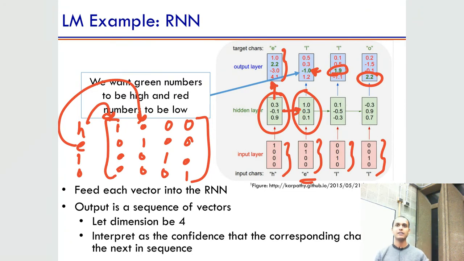I want the cross entropy loss to be low, which means the scores should be the ones corresponding to the right character. Think of this as a 4-class classification problem happening at each copy, where the true label is E, and I want the E coordinate to be the highest. Cross entropy loss captures that.